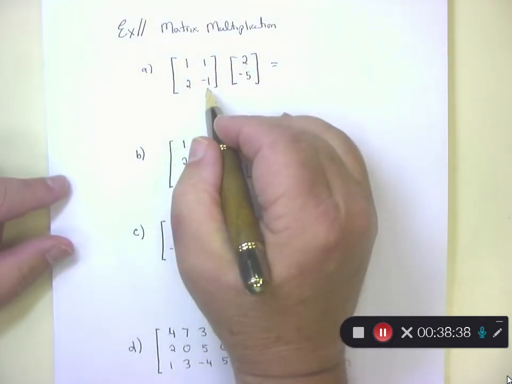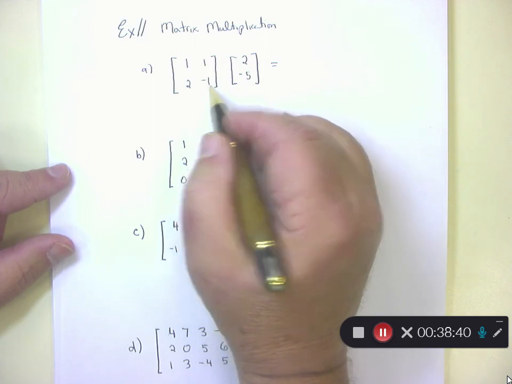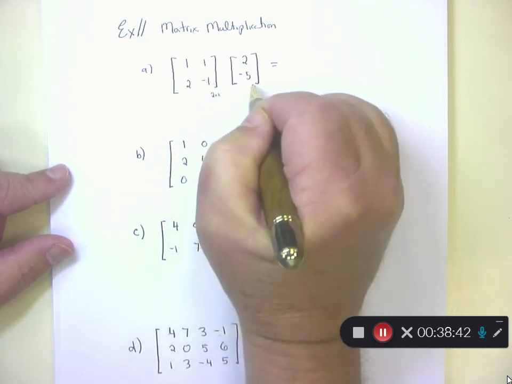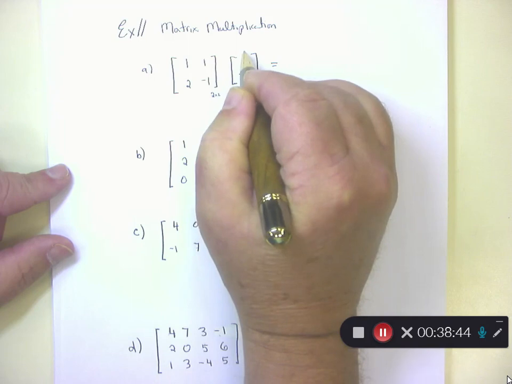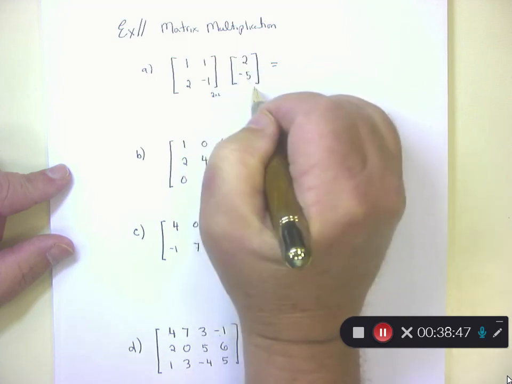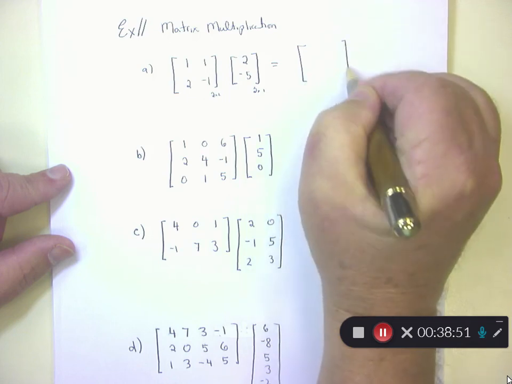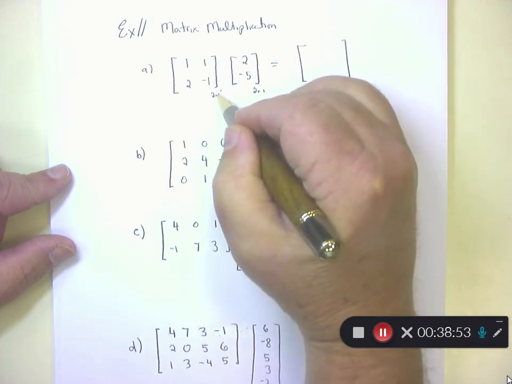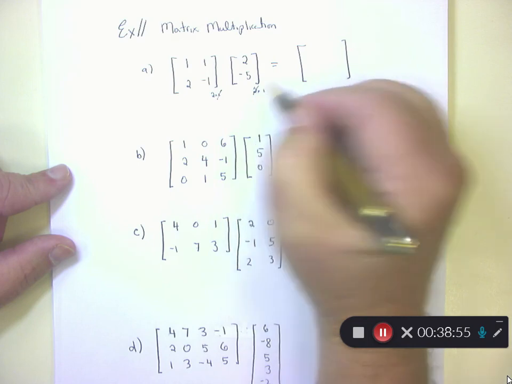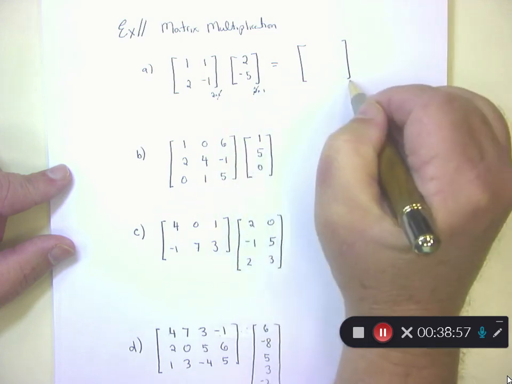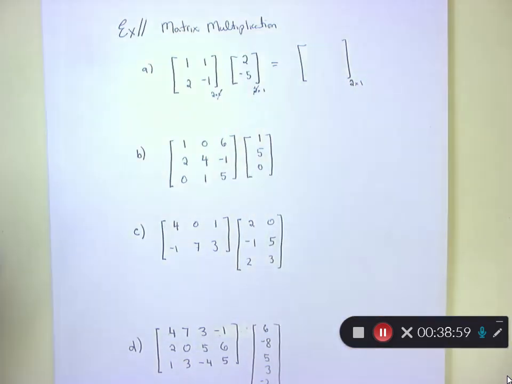What size is this matrix? 2 by 2. What size is this vector? Rows by columns, 2 by 1. So when you're done, the number of columns on the first and the number of rows on the second should match up and cancel, and the resultant is going to be a 2 by 1. Let's see what we get. Rows by columns.